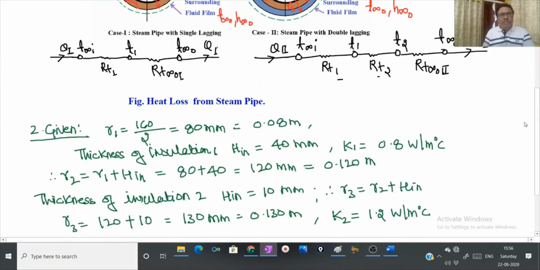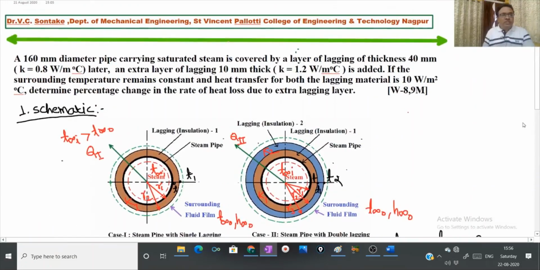Now let us enlist all the given things. From the problem it is clear that the outer diameter of the steam pipe is given, the lagging 1 and lagging 2 thicknesses are given as 40 mm and 10 mm respectively, and their thermal conductivities are given. And finally, the convective heat transfer coefficient value of the surrounding fluid is given.